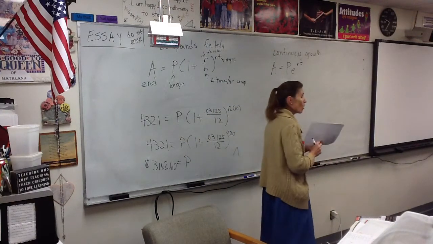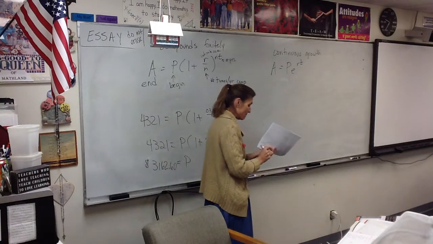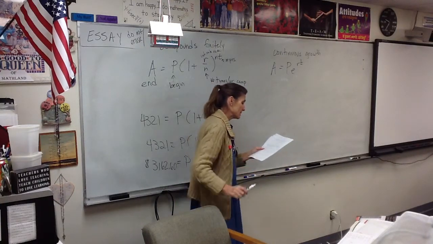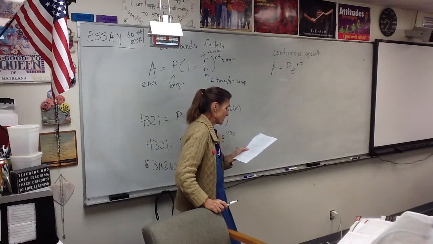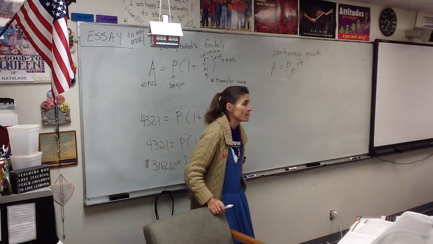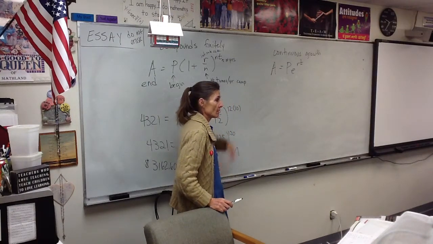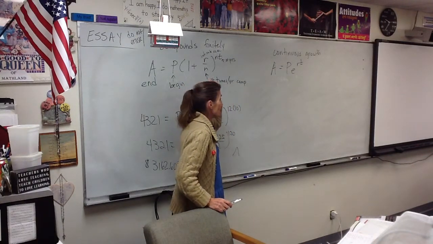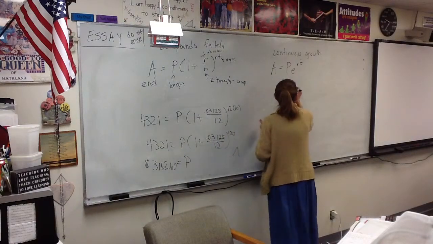We sort of talked about this the other day. How long does it take to double your money if you invested at 3% compounded monthly? Which formula? Same one. So I just need to figure out what I'm putting in where.